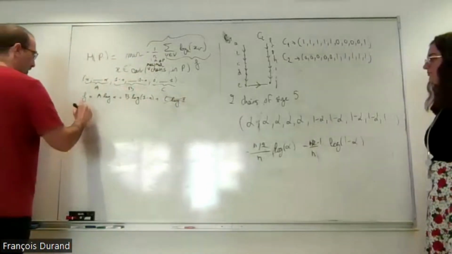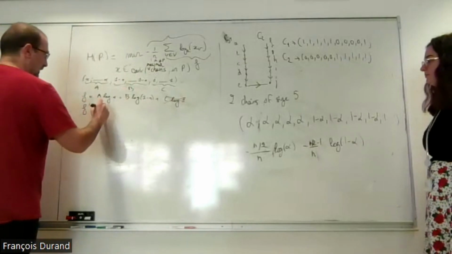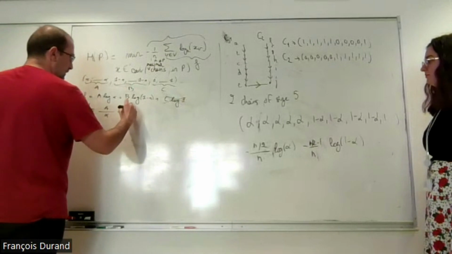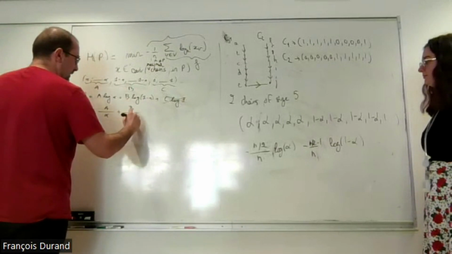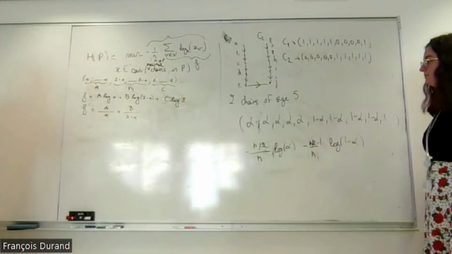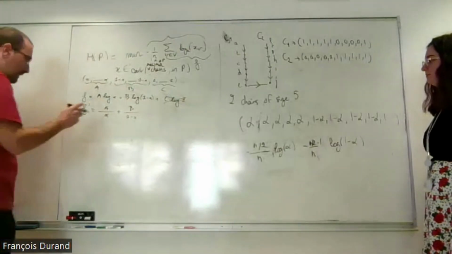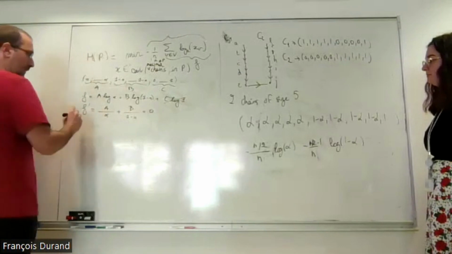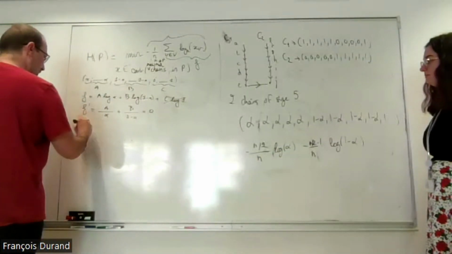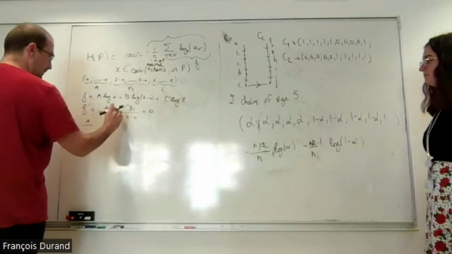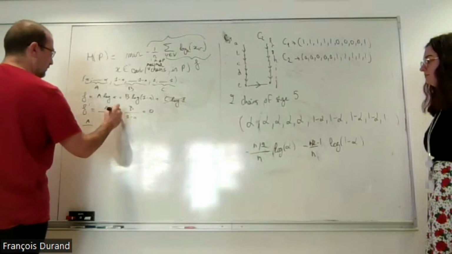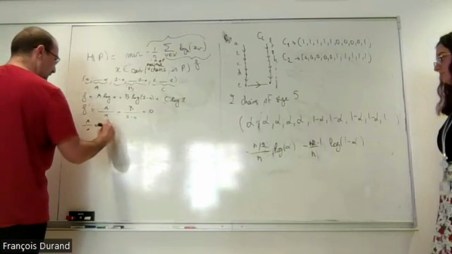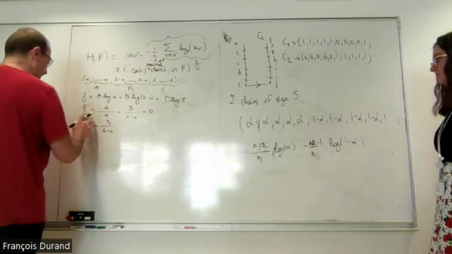And then when I derive this, I will have something like a over alpha plus b over 1 minus alpha, which we set equal to 0. So a over alpha is equal to b over 1 minus alpha.